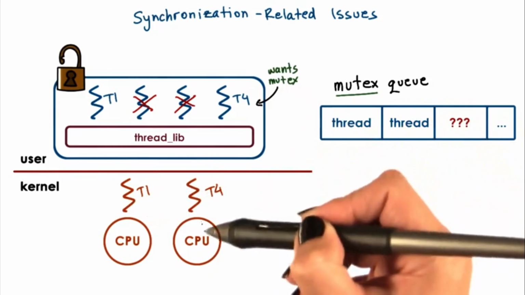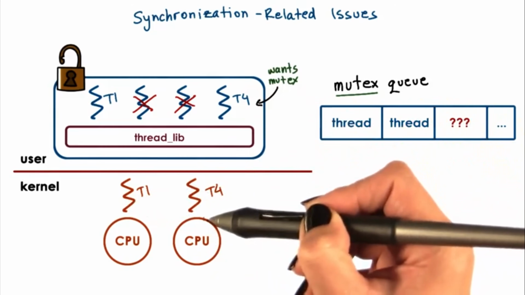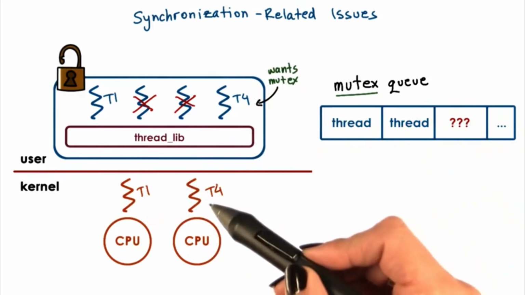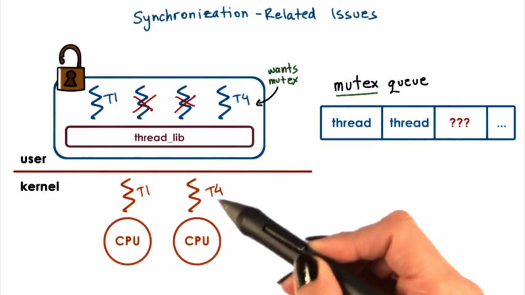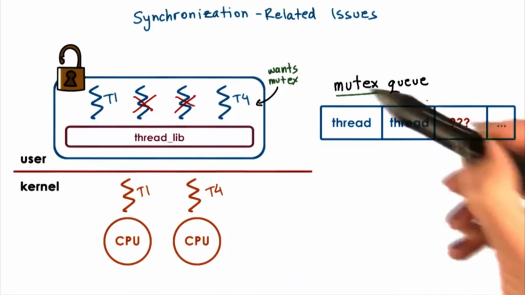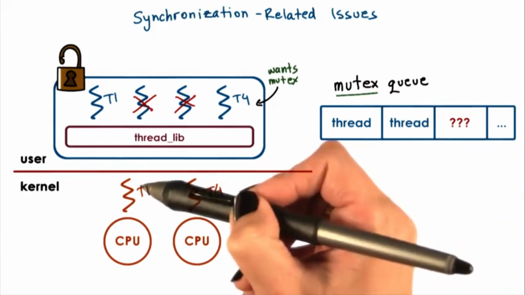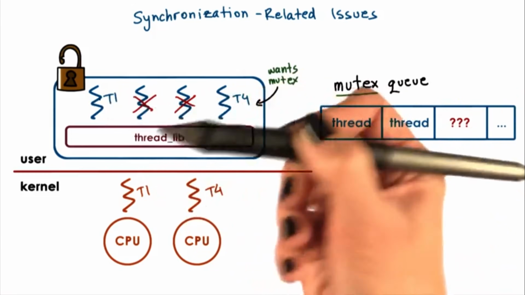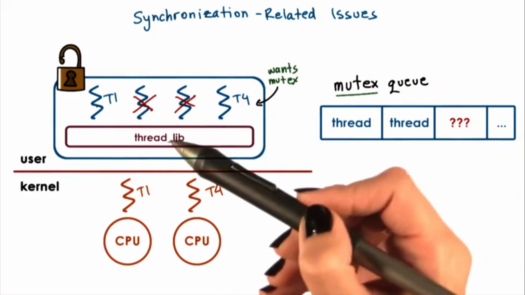And when we request that same mutex from the other CPU, it is possible that by the time we take this thread T4, context switch it and place it on the queue associated with this mutex, in that amount of cycles, maybe the critical section is very short and T1 will actually complete its execution.